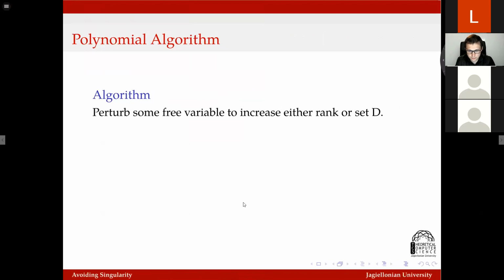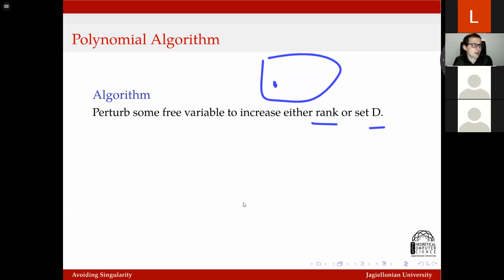So the observation by Geelen is that you can change this to a slightly different idea. So you have some choice of the values for three variables, and now you want to find one of those so that you either increase rank or you have more dependent rows and columns.